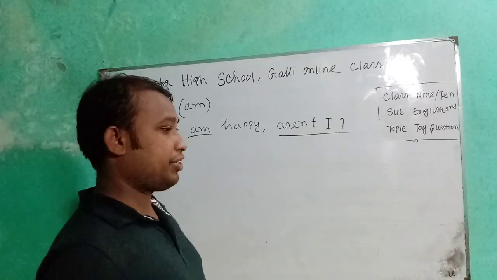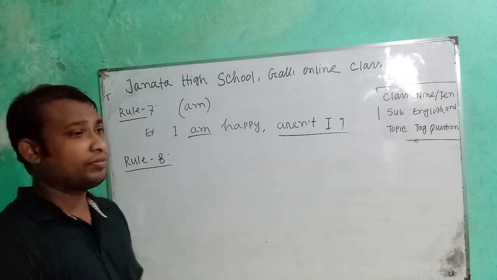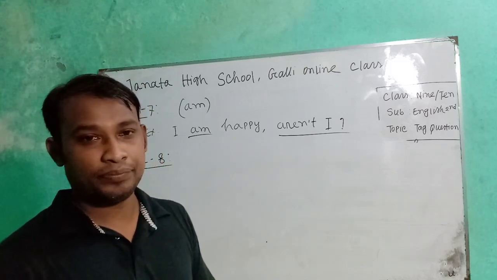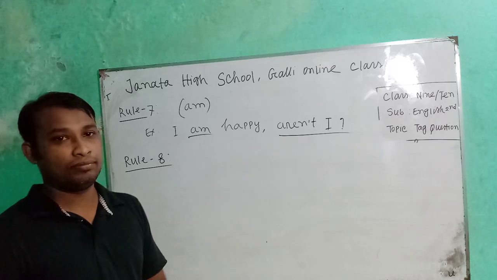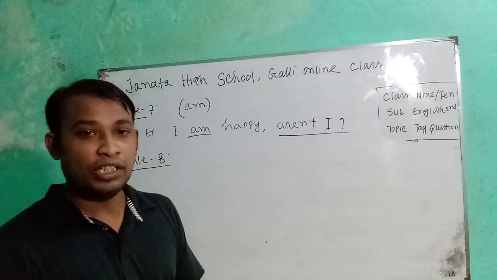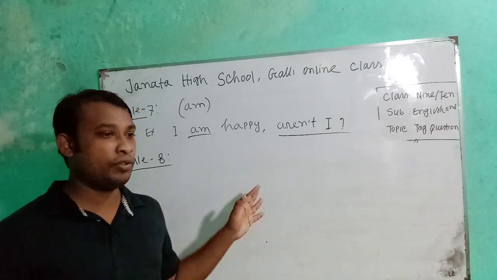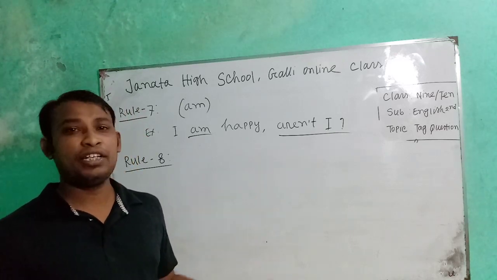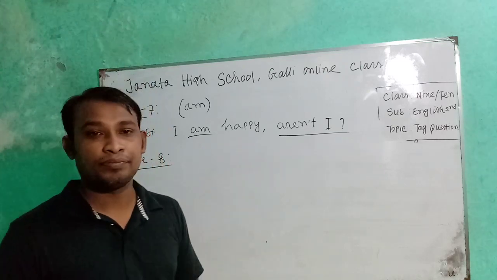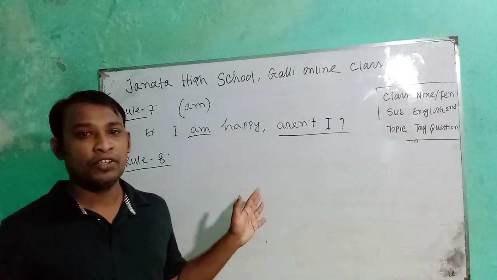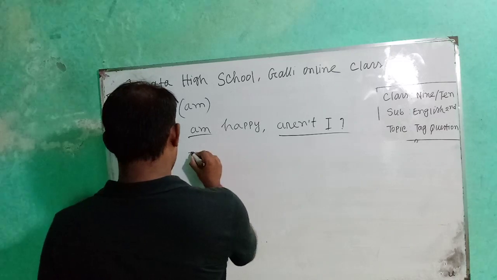Rule 8. If we find any imperative sentence, we have to use will you. If we find any imperative sentence to make a tag question, we have to use will you. But if we find let's or let us in the beginning of a sentence, we have to use shall we. Imperative sentence.